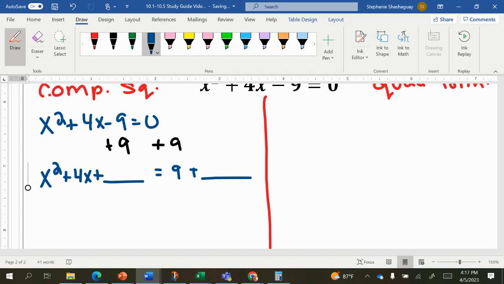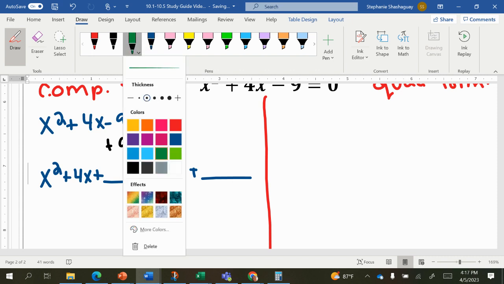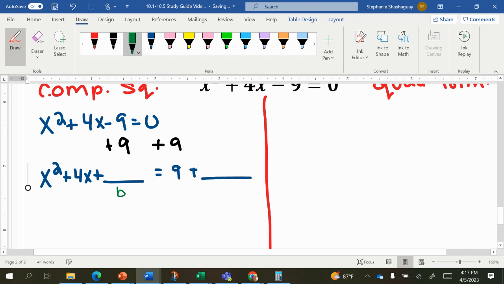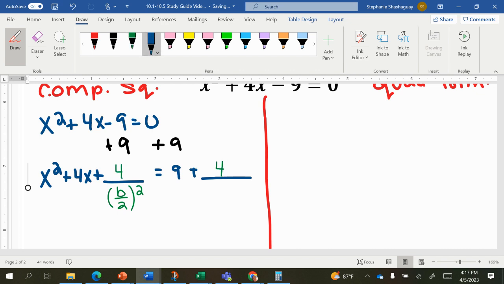Well, the number that goes there is going to be b divided by 2 squared. So 4 divided by 2 is 2. 2 squared is 4. So I'm going to add 4 to both sides. So then I get x squared plus 4x plus 4 is equal to 13.